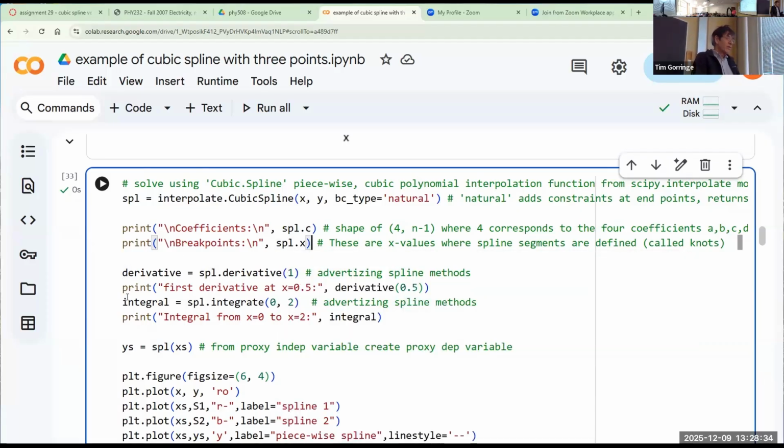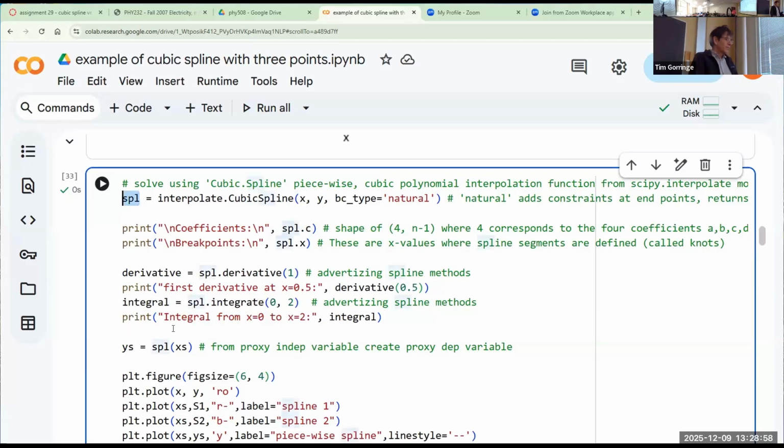You can take the derivatives and the integrals of the spline, like you could take derivatives or integrals of polynomials. So it's an object that comes with a family of methods that are rather similar to the polynomial object.